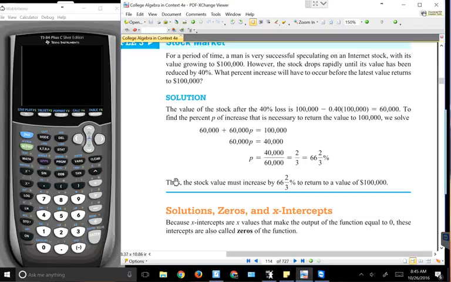However, if the stock drops rapidly until its value has been reduced by 40%, what percent increase will have to occur before the latest value returns to $100,000? So, how many think the quick and easy answer is 40%? Well, it dropped 40%, right? So should it not go back up 40%?